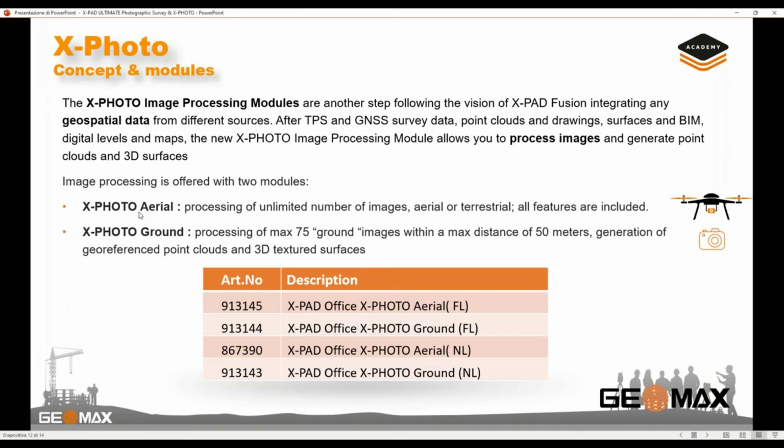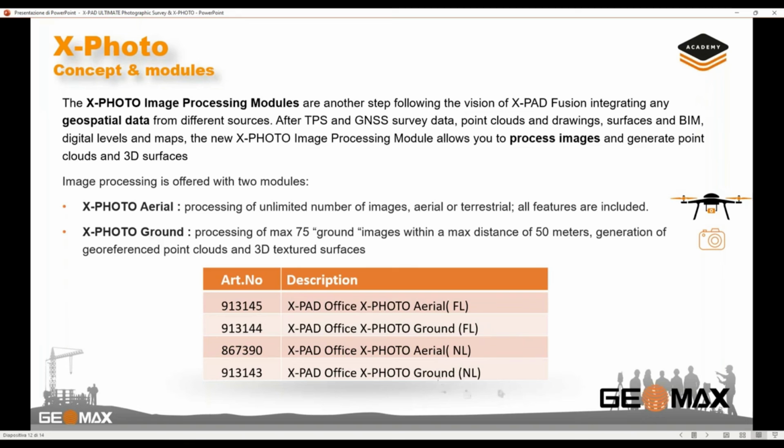So we can directly create the 3D mesh, the DSM, the orthophotos, the ortho maps, and of course the dense cloud. Instead, with Xphoto Ground, we can process a maximum of 75 images at 50-meter distance, generate a georeferenced point cloud with three reference points that we already saw a few seconds ago, and also the 3D texture of the mesh.